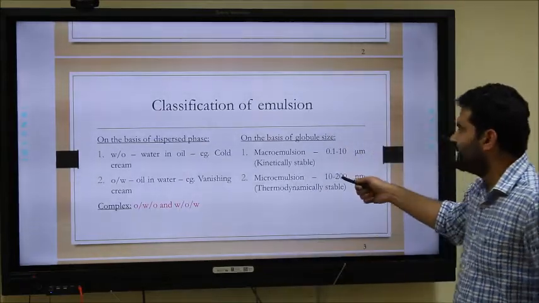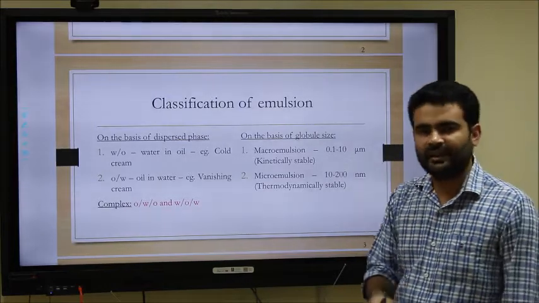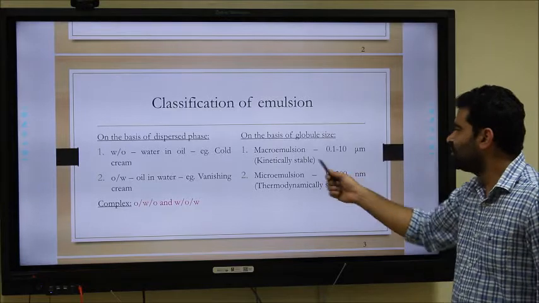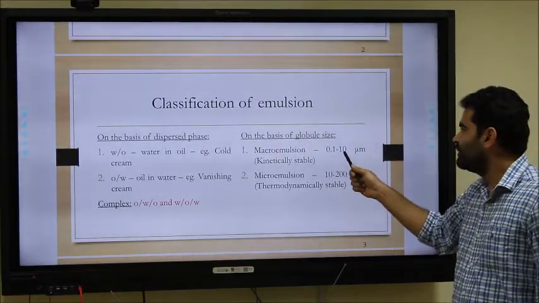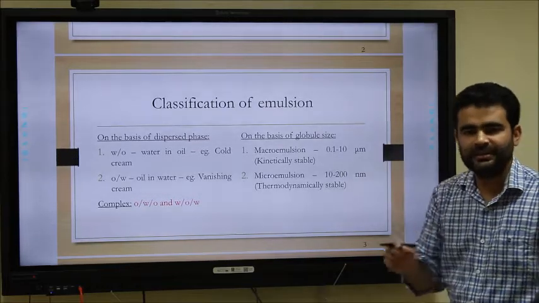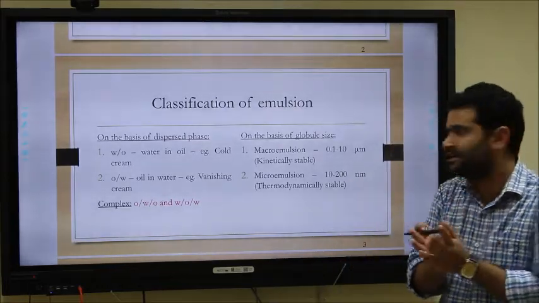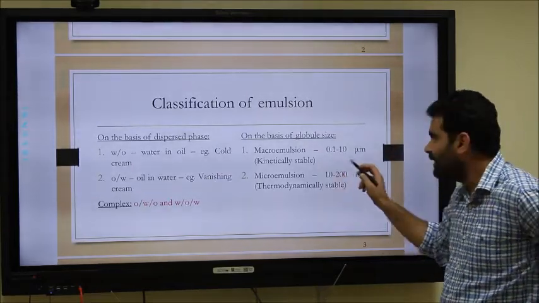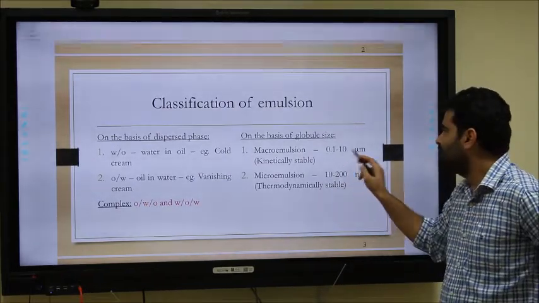Okay. So next is the classification on the basis of globule size. There are two bases for classifying the emulsion. Second is on the basis of globule size, in which macro emulsions are formed, in which the globule size is from 0.1 to 10 micrometer. Macro means larger. So when the globule sizes are larger, then macro emulsions are formed, and the criterion to form a macro emulsion is the particle size, that is 0.1 to 10 micrometer.